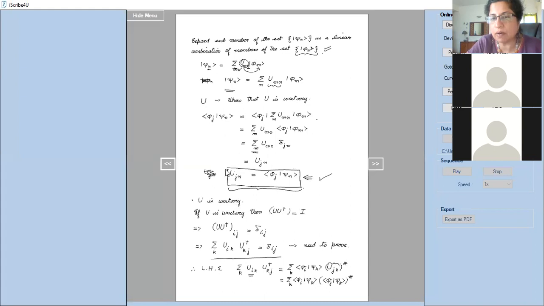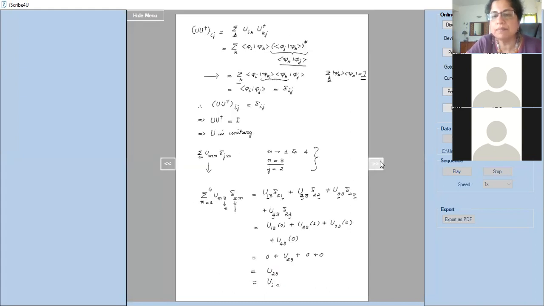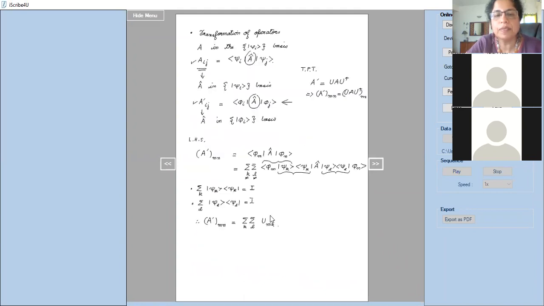And this definition I'm basically using here. UMK is nothing but the inner product of phi m with psi k. Then what do I have over here? I have this element here. What is this going to be? Using this definition here on the top of the page, I will write it as A K L.